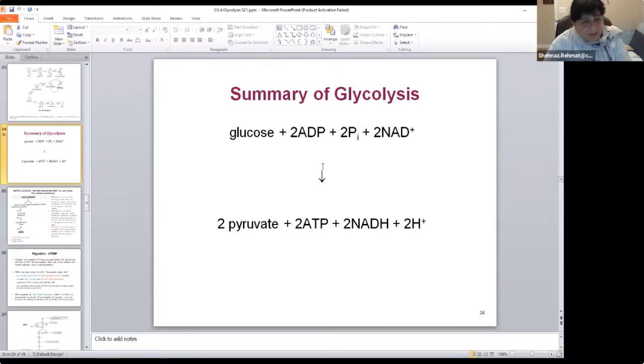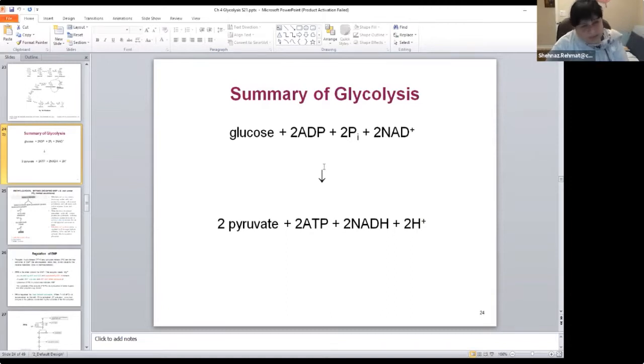And then it will go into two pyruvates, 2 3-carbon compounds. It will release 2 ATPs, and it will have donated some electrons to NAD, which is an electron carrier, and convert it from NAD to NADH plus H. This is how we write it.